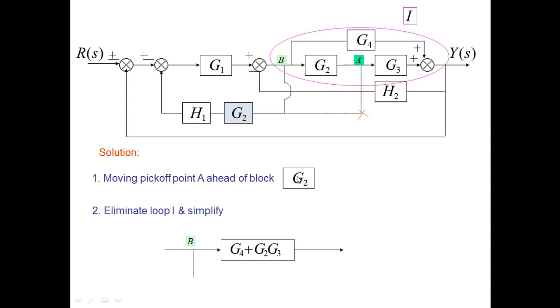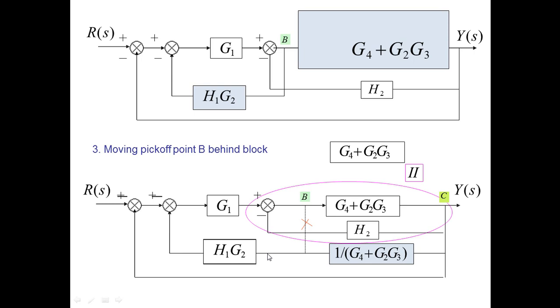After the first thing, the second part is that we have to eliminate this loop, and we will be solving it. After we solve it, we will get the equation G4 plus G2 G3. This G2 and G3 will be multiplied, and this will be added. You see that these both are plus signs, so this will be added. So the overall block appearing over here will be G4 plus G2 G3.